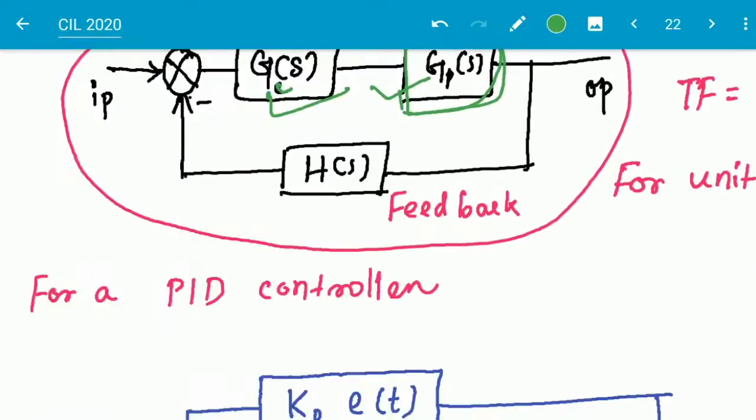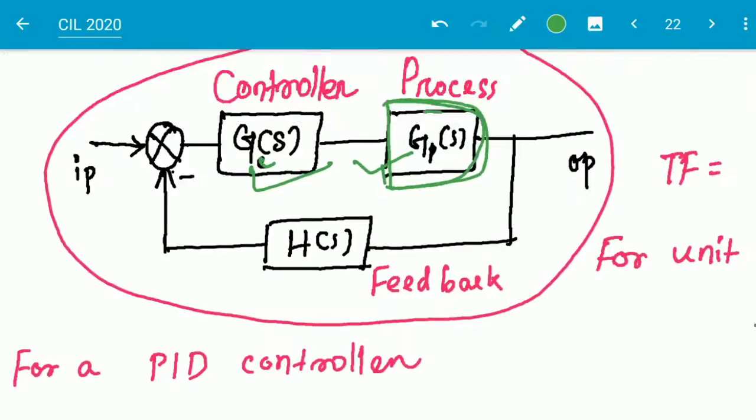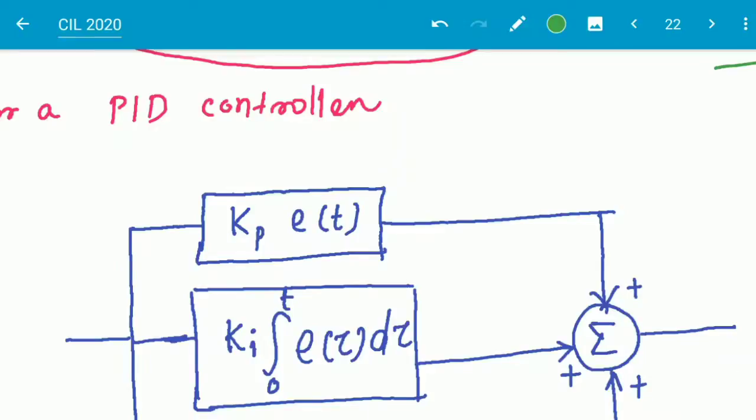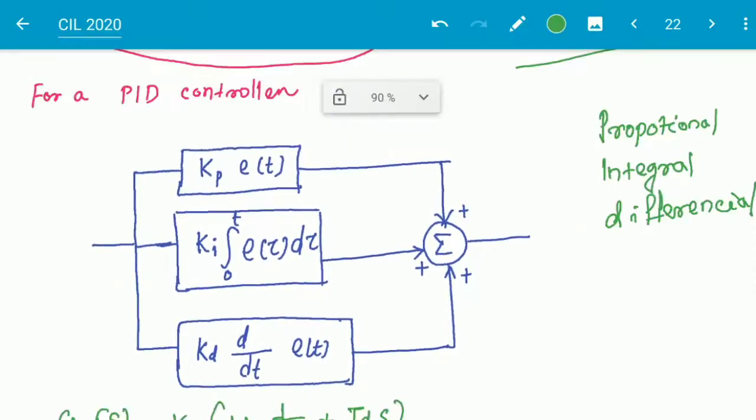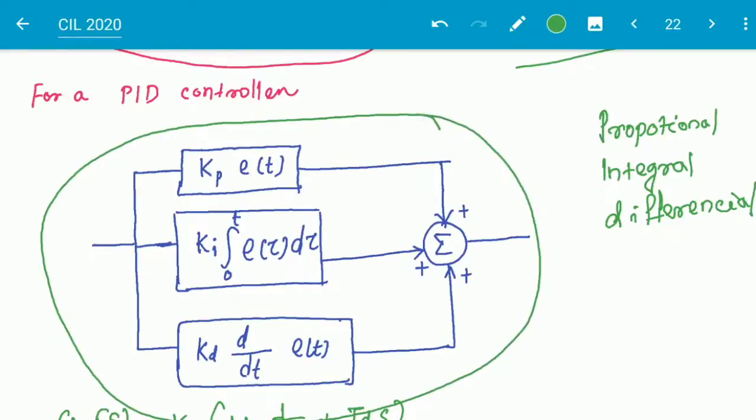We have to find this for a PID controller. Here we will put a PID controller. Then the PID controller can be represented as this, where Kp is the proportional term P, this is the I integral term, and this is the differential term.